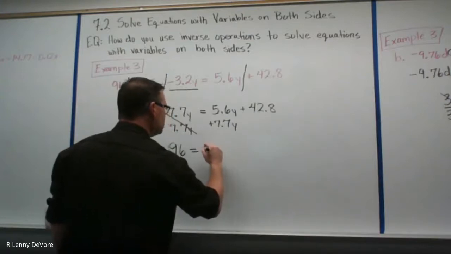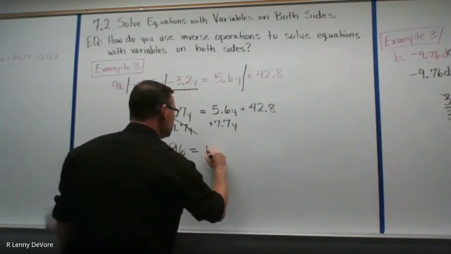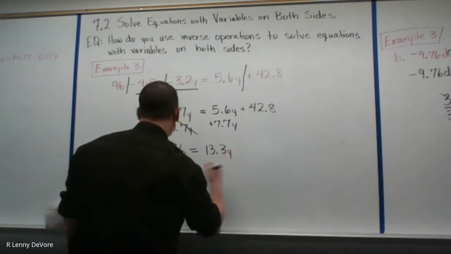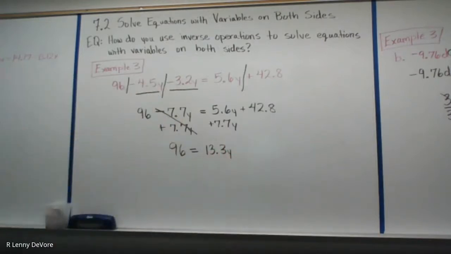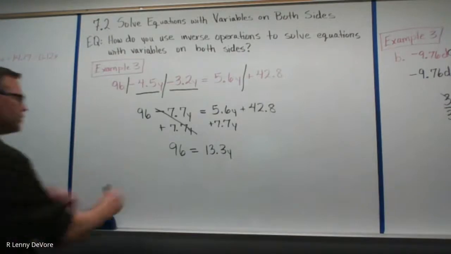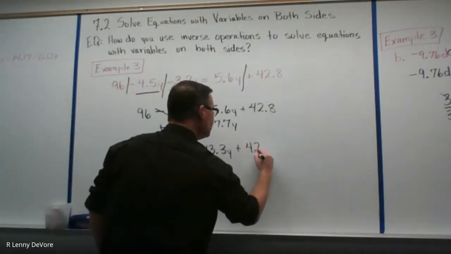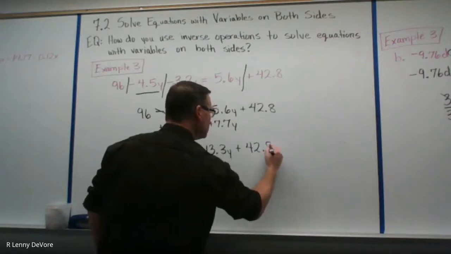So 13 3/10 y. I want to make sure I got that right. So 13 3/10 y, yep, plus 42 8/10.